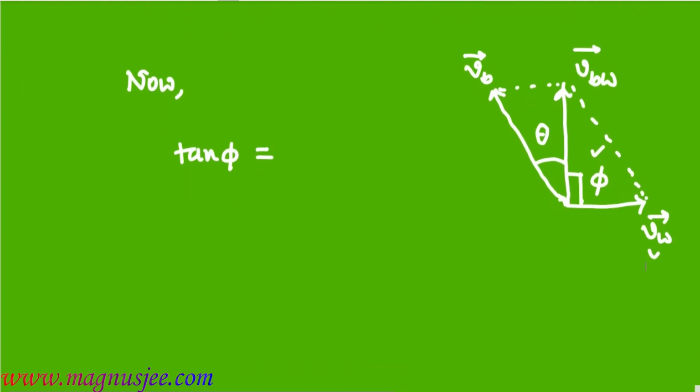That's why VW is the first vector, and the other vector, that means VB, is the second vector. We know that tan phi is equal to magnitude of second vector times sine of angle between the two vectors, divided by magnitude of first vector plus magnitude of second vector times cos of angle between the two vectors.